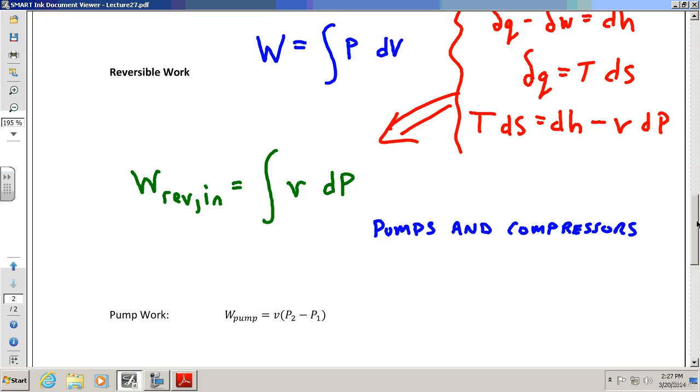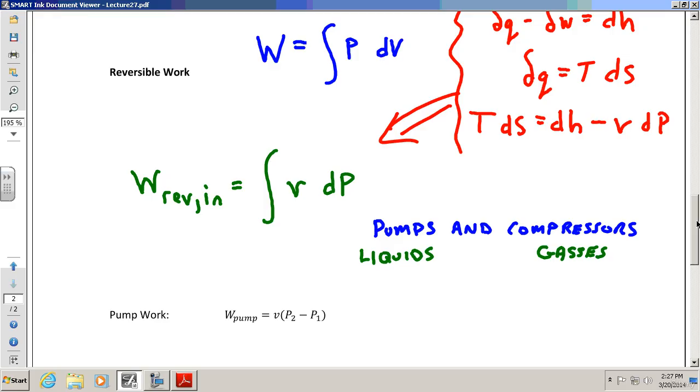Now, I said pumps handle liquids and compressors handle gases. Think about this for a second: which one has a very high specific volume and which one has a very low specific volume?